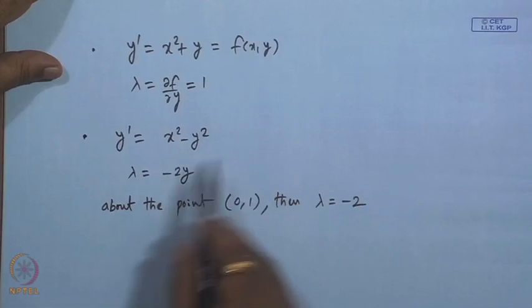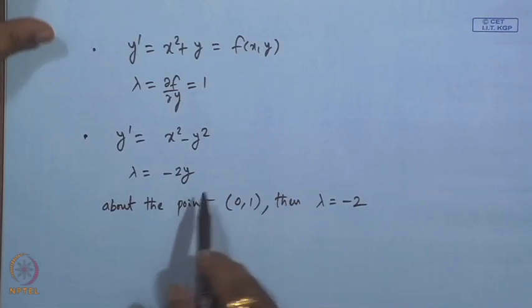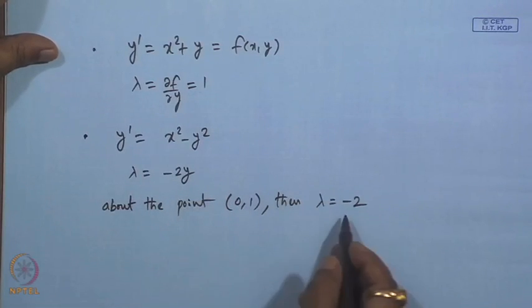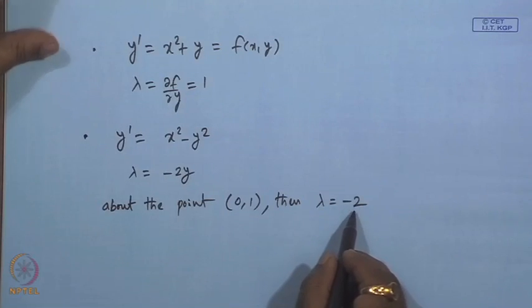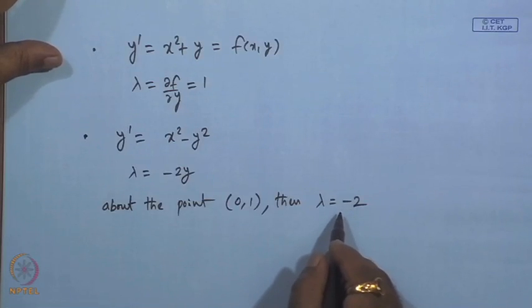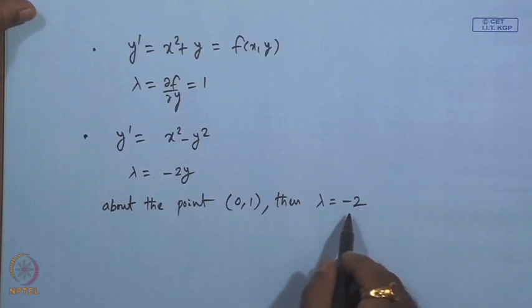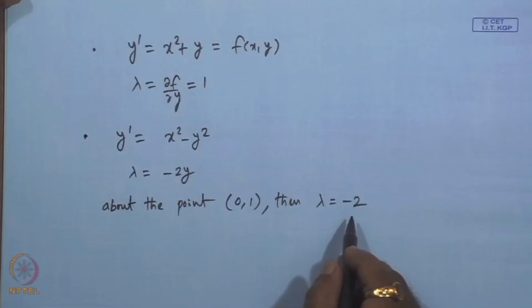So, for example, if you are using Euler method, what kind of h will make the method absolutely stable?